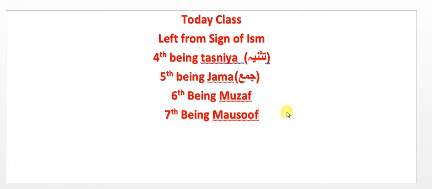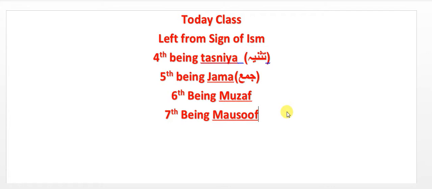So I think you already understood why I am teaching all the left signs right now, because you already know what tasniya is, you also know what jama is, you also know what muzaf as well as mawsuf sifat are. But just imagine if I had taught you all these things in the very beginning of your Alimiyat course or learning the Arabic language, maybe this would be very difficult for you to understand.